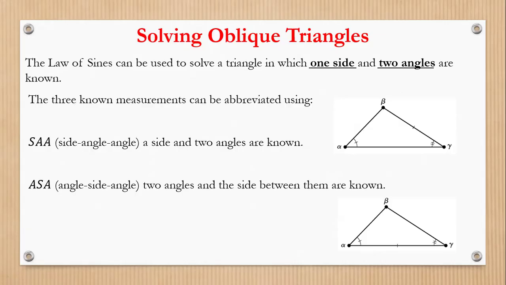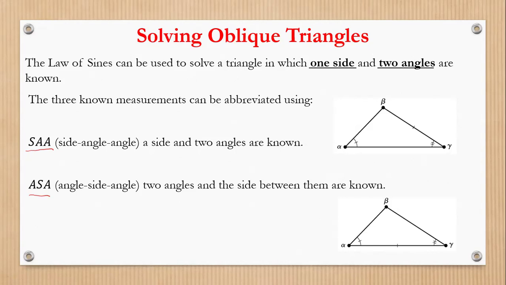We use the law of sine when we have these two cases, SAA or ASA. SAA means the triangle where one side and two angles are given to us, and they are asking us to find the rest of the measures.